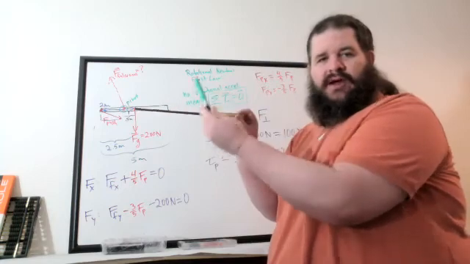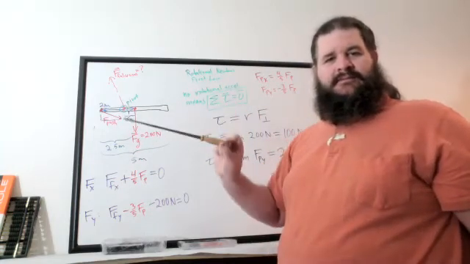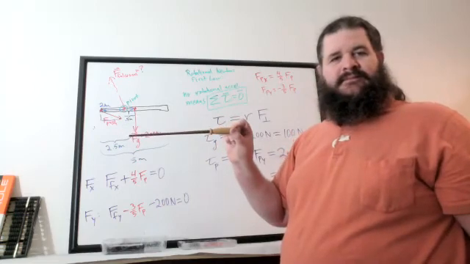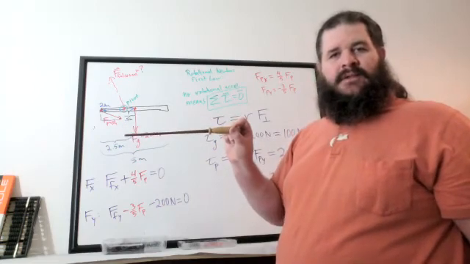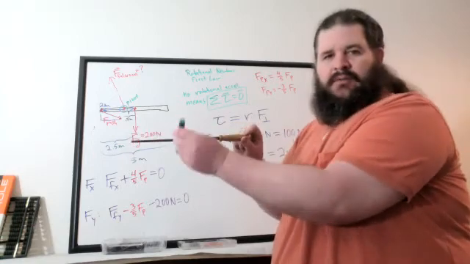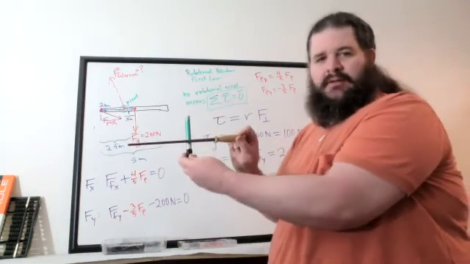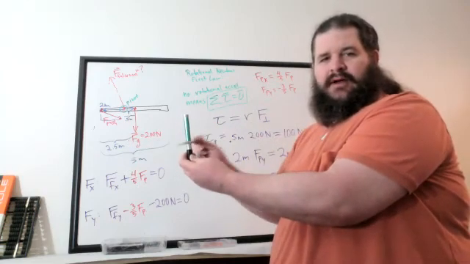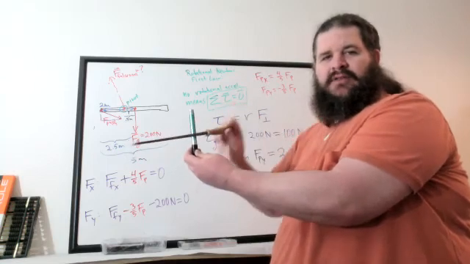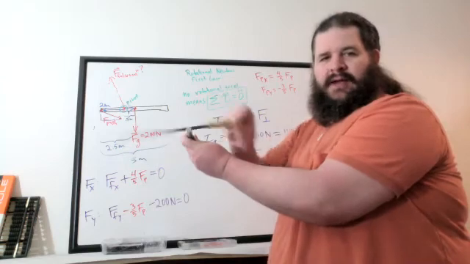Which direction would you orient the axle to allow this to rotate in this way? Perpendicular. You definitely want it perpendicular to the beam. But note that that could be in any of these directions. These all count as perpendicular to the beam. For instance, this axle would allow the beam to rotate this way, but that's not the direction we want. We want the beam to be able to rotate this way.